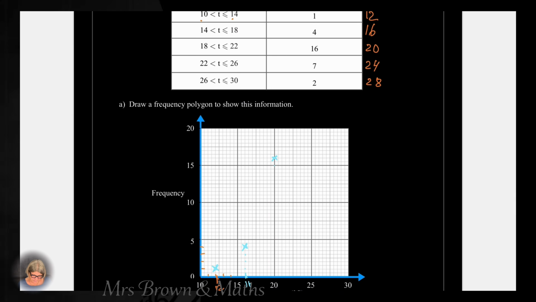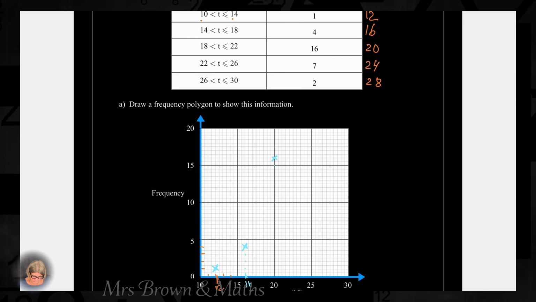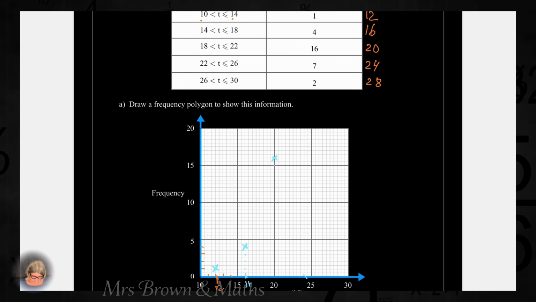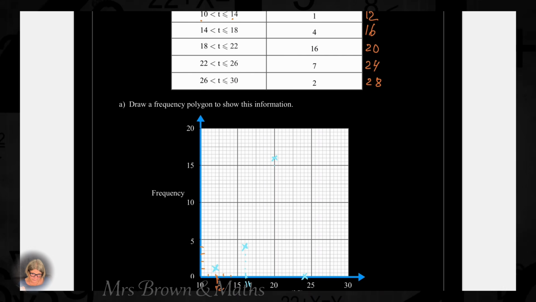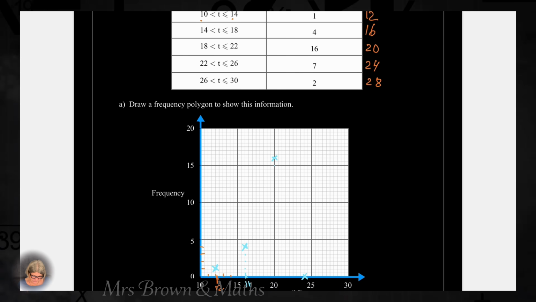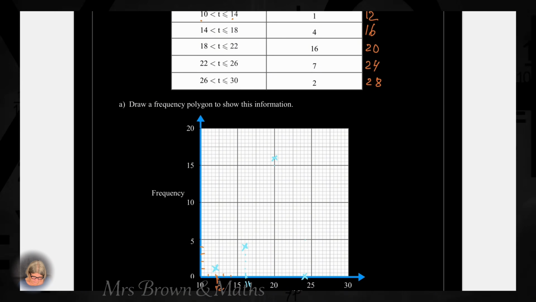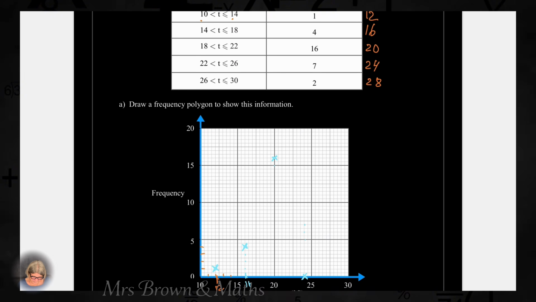24, 7 days. So 24, it is 2 squares left from 25 and 7 days. So 5 and 2 days more. 2 and 2. So it will be here.